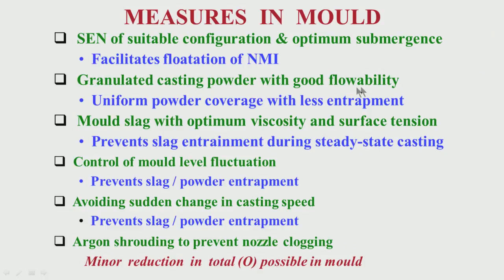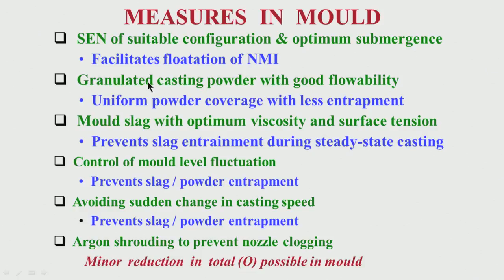Then, granulated casting powder with good flowability. I have told you that powder is used for lubrication in the mold, which will get molten and generate slag. But what should the powder be? It should be granulated, it is not just normal powder.